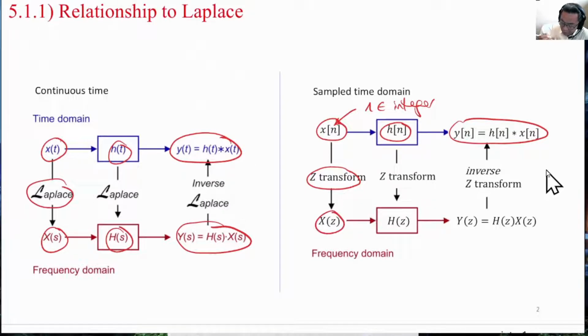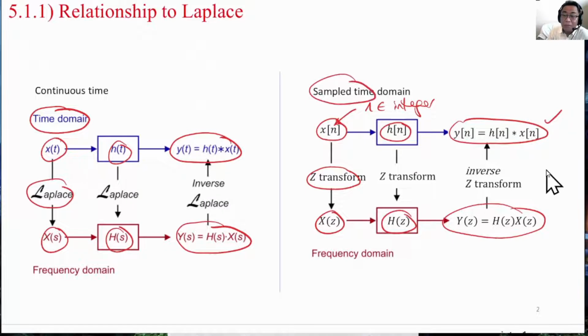When we transform h of n, we get H of z. Convolution in time becomes multiplication in frequency as well. This is one key relationship between the Z-transform and the Laplace transform. They are actually almost the same. One is dealing with continuous time and one is dealing with discrete time.